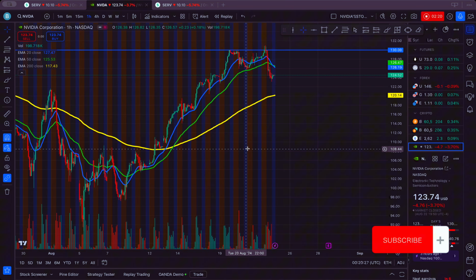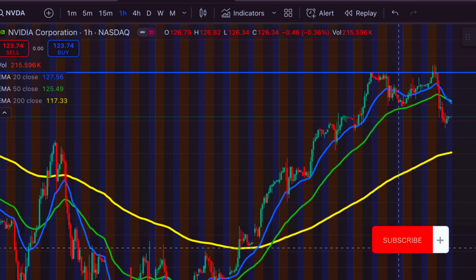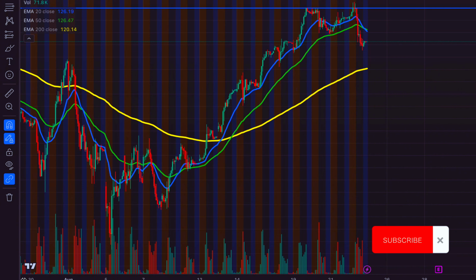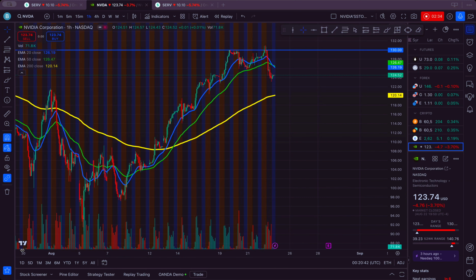EMAs are a type of moving average that places more weight on recent price. As you can see in the chart, on the x-axis we have the time, and on the y-axis we have the prices.